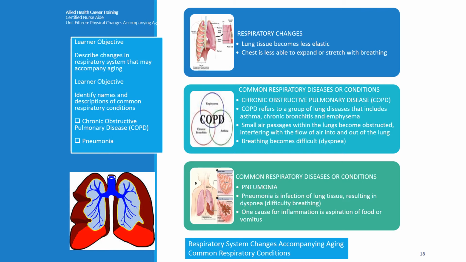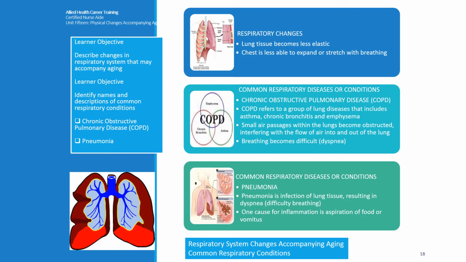Now, one of these causes for the inflammation or for the infection is aspiration of food or vomit. So the aspiration is where that food or vomit gets down into the lungs rather than in the stomach. That's why when we talk about eating and swallowing and that epiglottis, it's really important that that epiglottis functions properly.